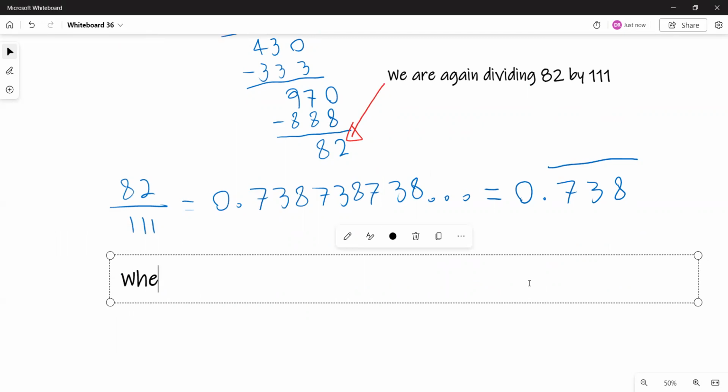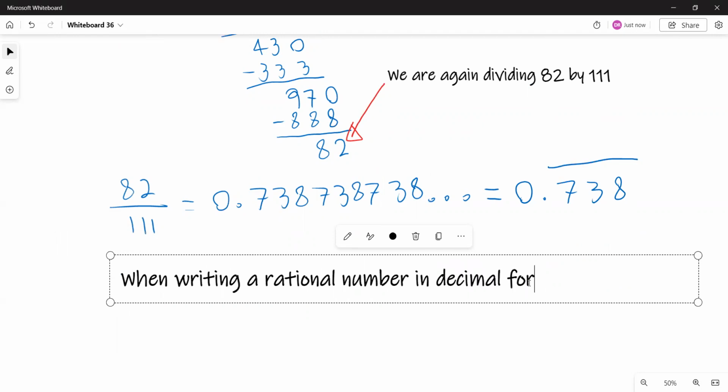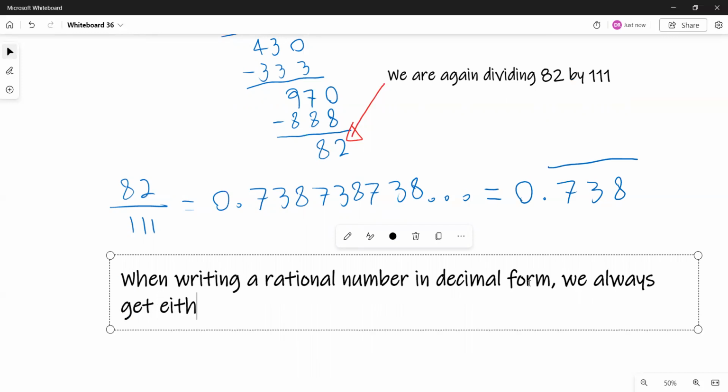In general, when writing a rational number in decimal form, we always get either a terminating expansion or an infinite repeating expansion.